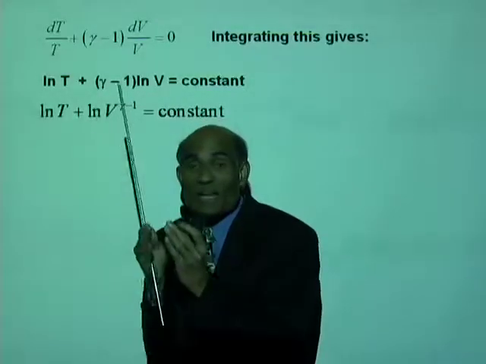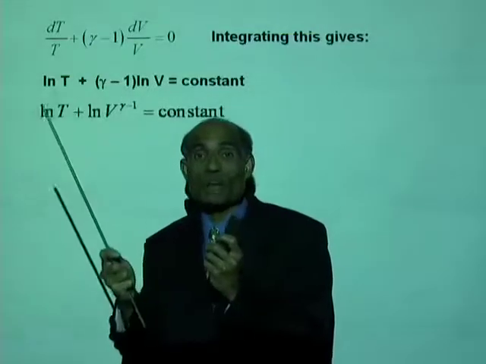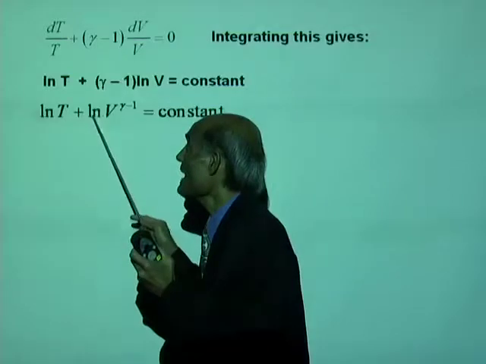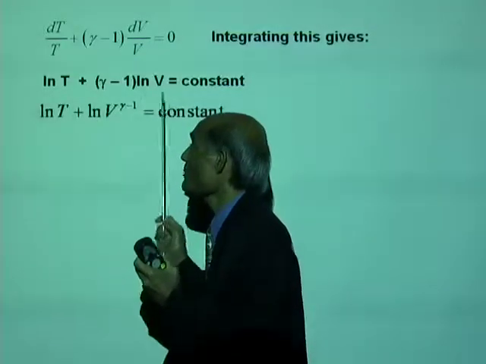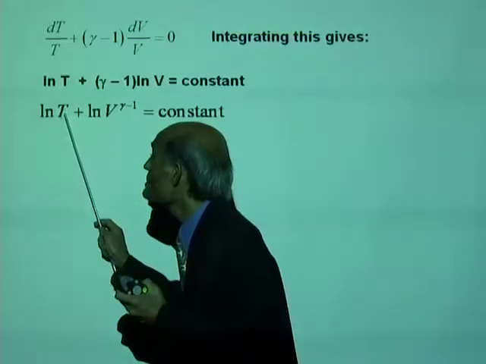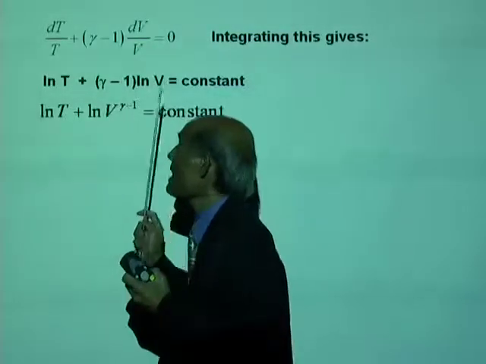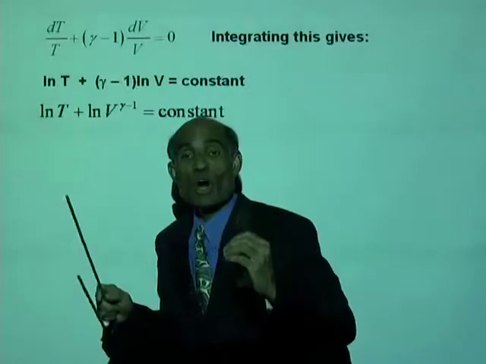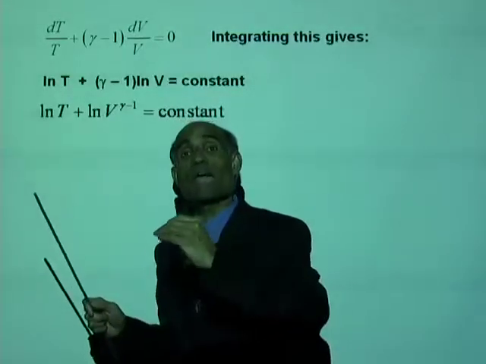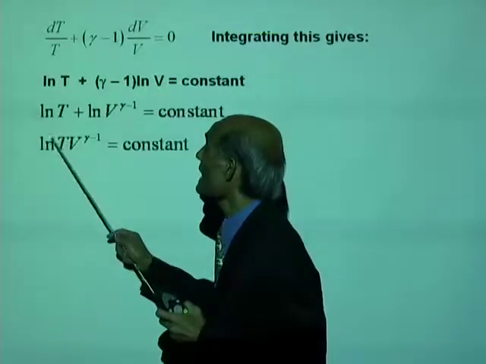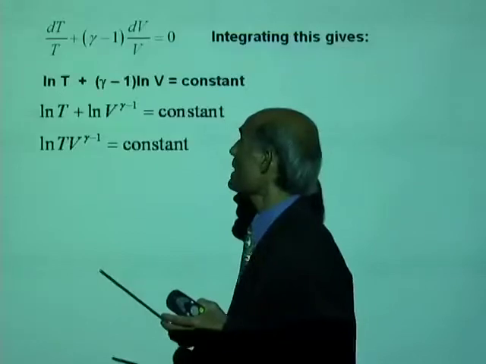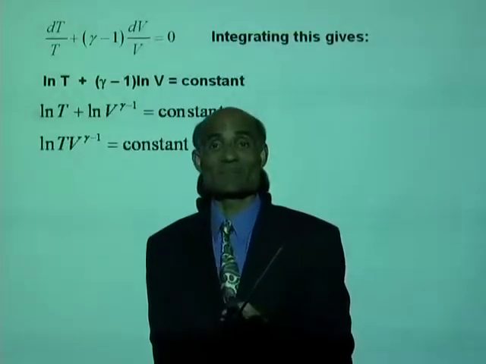Can you combine that into a single logarithmic term? What is ln of T plus ln of V to the power of gamma minus 1? It will be ln of T V to the power of gamma minus 1. Log of A plus log of B is log of AB. So you have ln of T V to the power of gamma minus 1 is a constant.